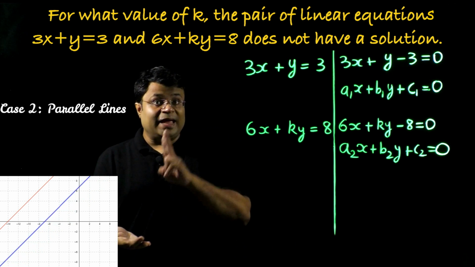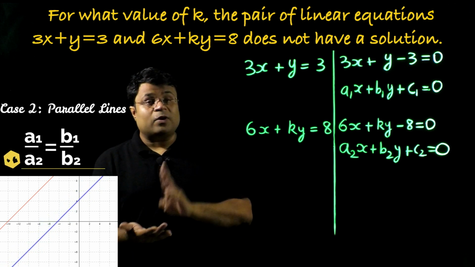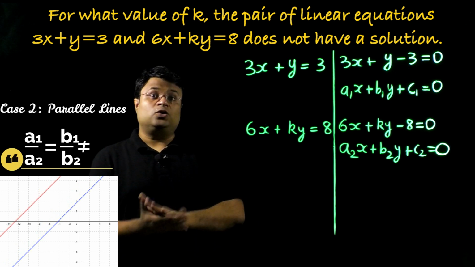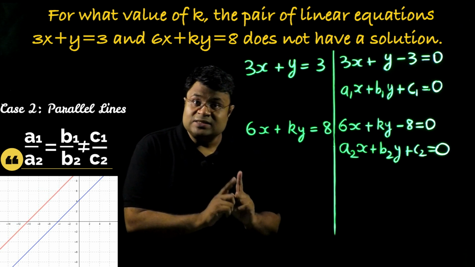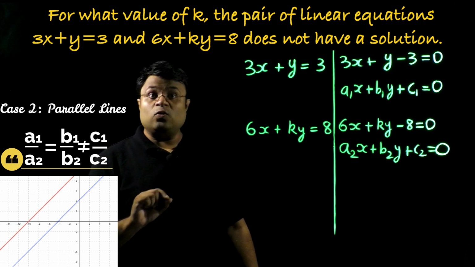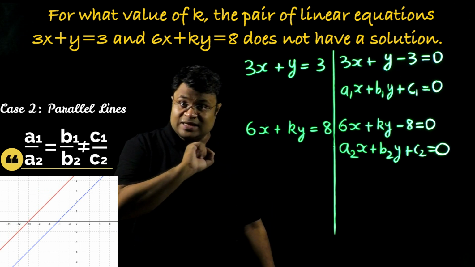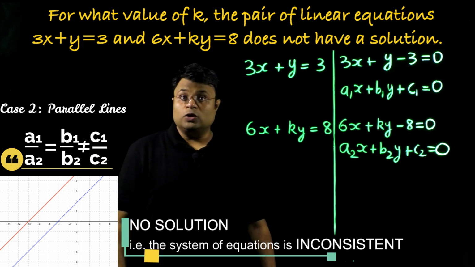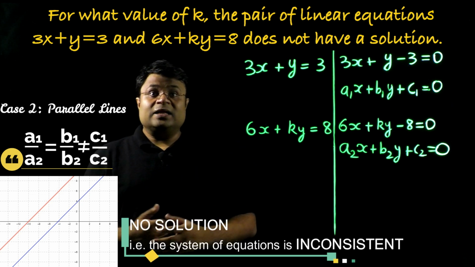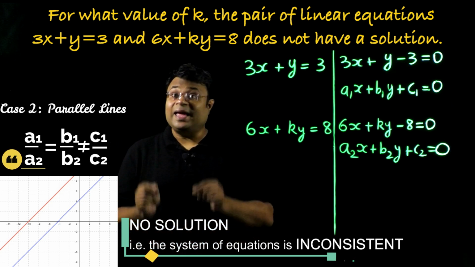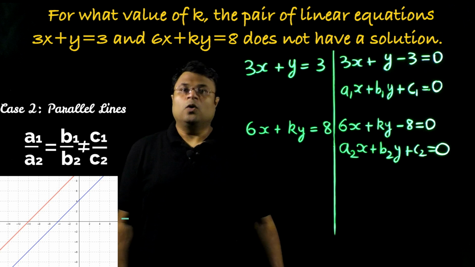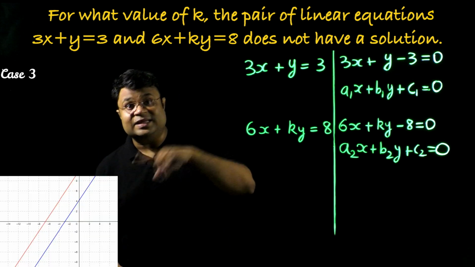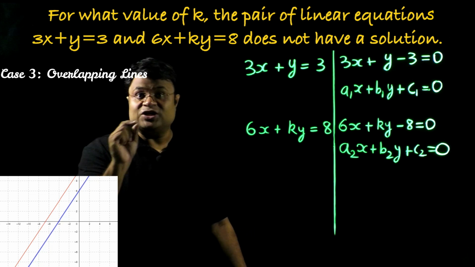The condition is a1 upon a2 is equal to b1 upon b2, which makes the lines parallel, but this is not equal to c1 upon c2, because here we do not have a single solution. So this is the condition for no solution, and we also say that the system of equations is inconsistent.